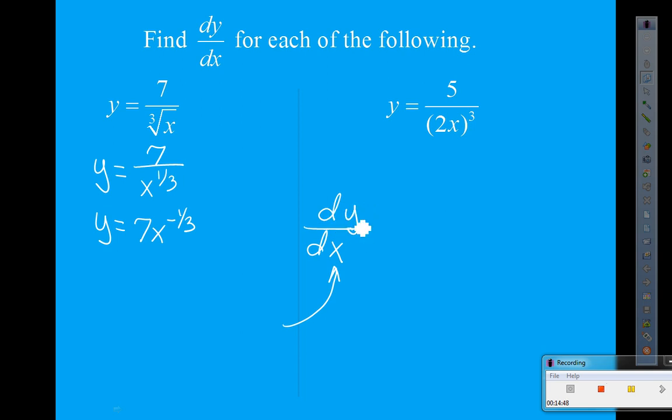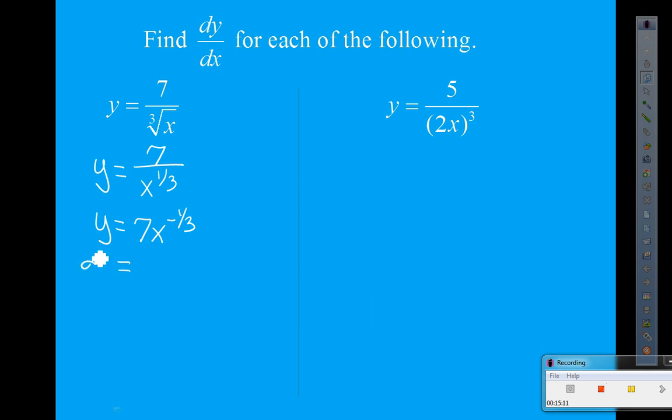So if you see dy dx, you're going to find the derivative of the function y, and the variable that you're using is x. If there was a t here, there'd be a t right there. That's all it means. So now I'm going to use the power rule to find this derivative.